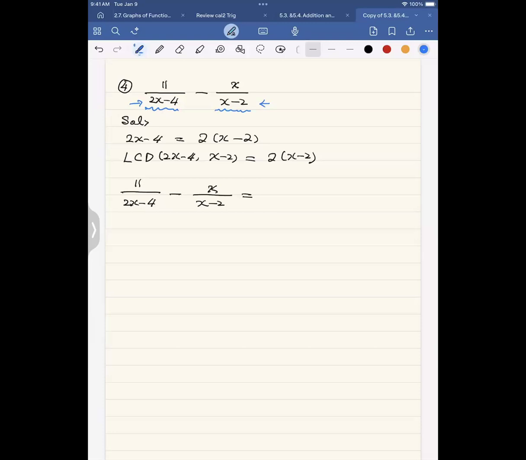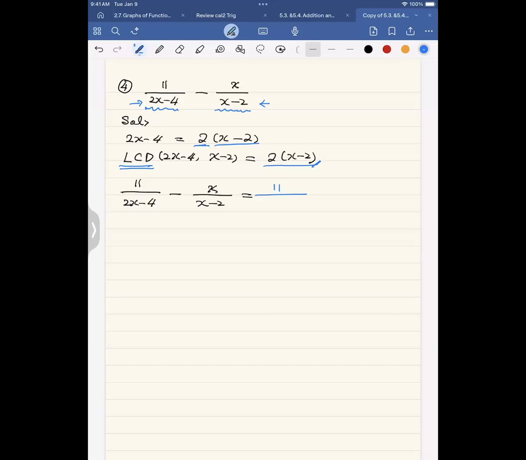So we can decompose it to 2 times x minus 2. So when we consider the least common denominator, indeed the least common multiple is what's in the first denominator. So we don't have to do anything for the first fraction because it already has the least common denominator.